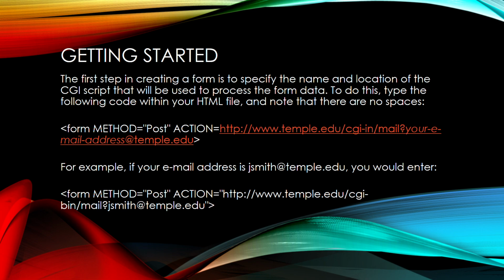Getting started. The first step in creating a form is to specify the name and location of the CGI script that will be used to process the form data. To do this, type the following code within your HTML file and note that there are no spaces.